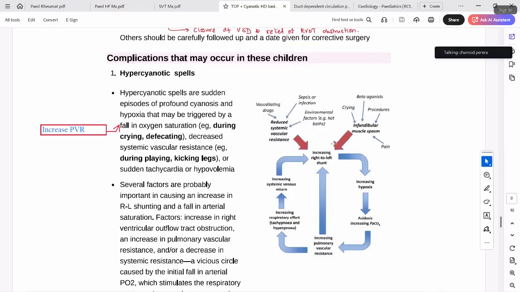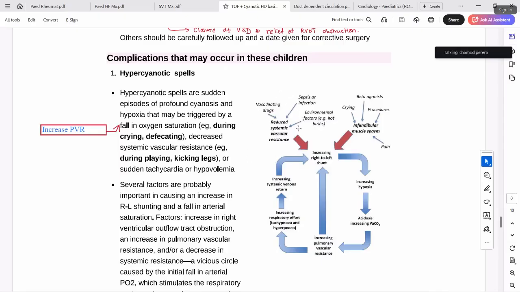So because of these triggers and crying and all those things, there will be an infundibulum muscle spasm, right? And that is going to reduce the blood flow to the lungs. Therefore, blood will have to go somewhere. So therefore, the shunting will increase at that point, right?